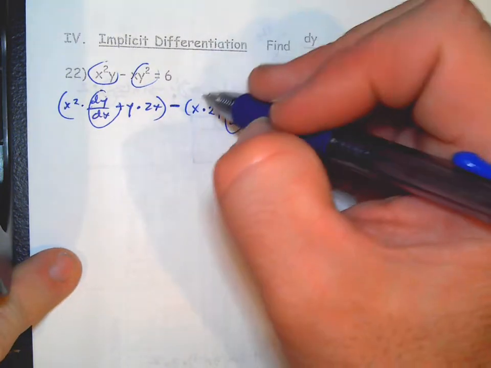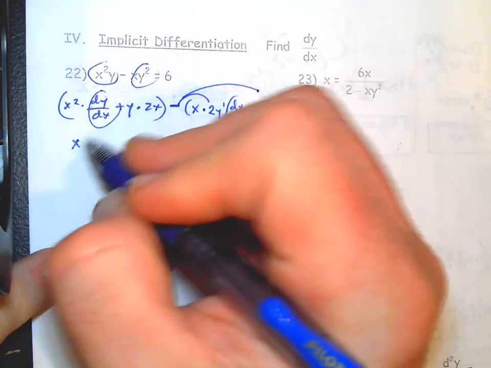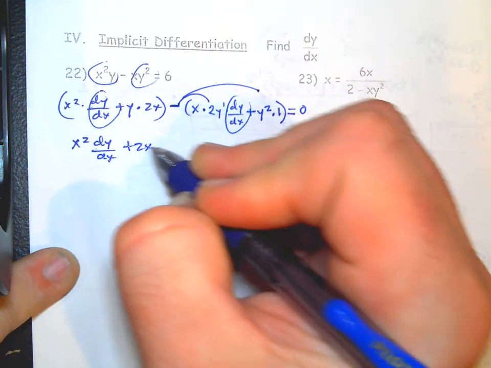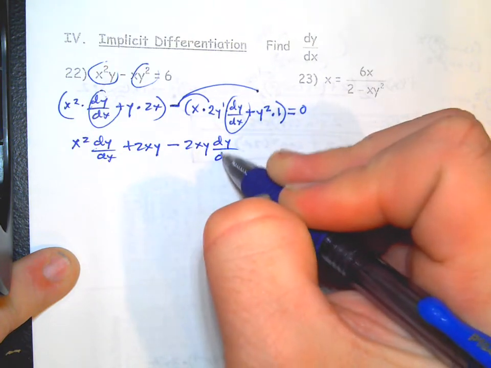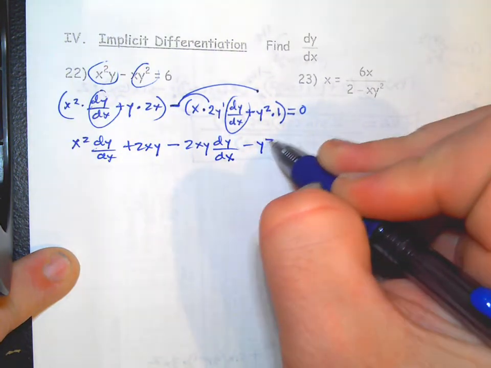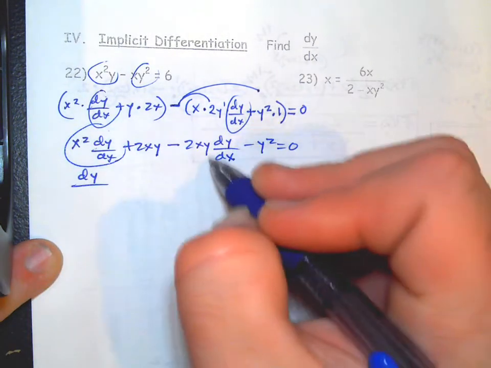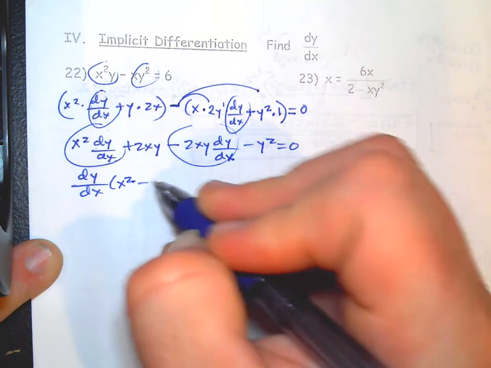So now we got to clean it up and solve for dy dx. So we got to get those on the same page. We also should distribute this. So I'm going to rewrite this a little nicer. x squared dy dx plus 2xy minus 2xy dy dx minus y squared. So we're going to get the dy dx terms together and factor it out.